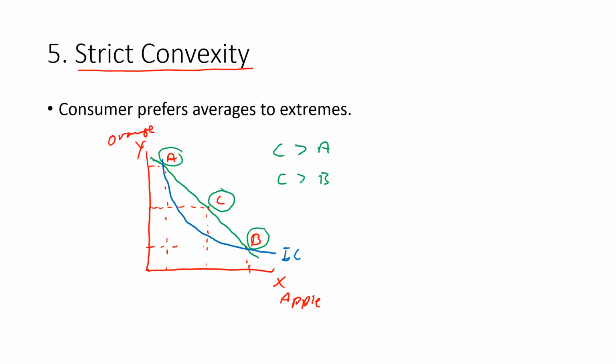So bundle A and bundle B have the same utility, and there is another bundle on this line somewhere here, that is bundle D. Bundle D also has the same utility as that of A and B.